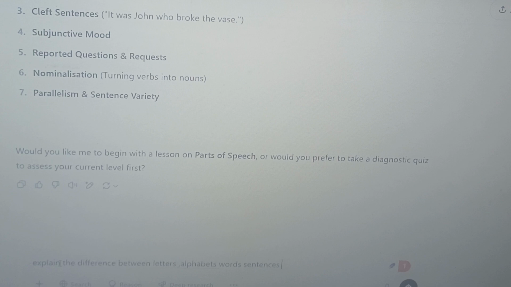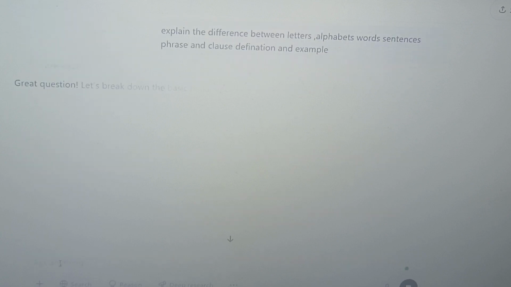And phrase and clause, definition, and example. Okay, let's see what ChatGPT says.